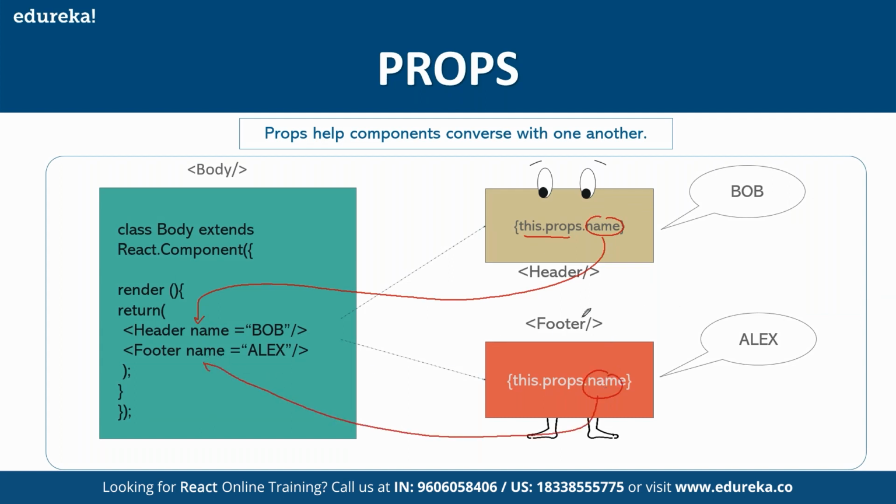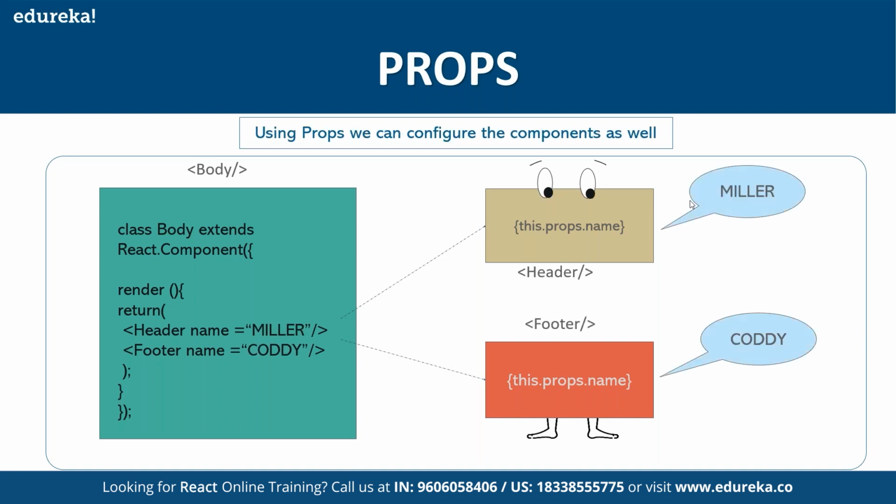So for the footer content, Alex will get displayed. This is the header content, so Bob will get displayed. This way you define it, and when you are rendering the page, you can call this. And you see here the instance and the properties name. Usually the props help you communicate from component 1 to component 2 with respect to the implementation.